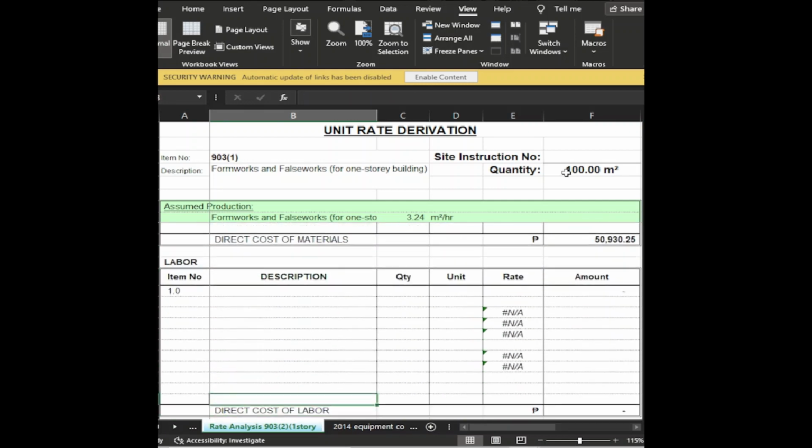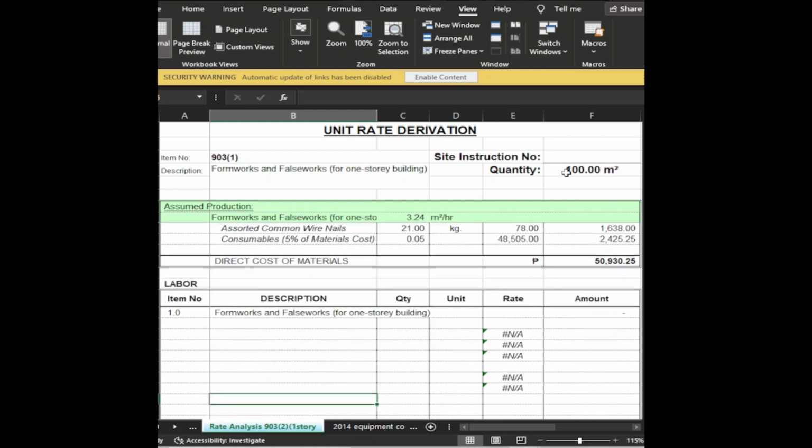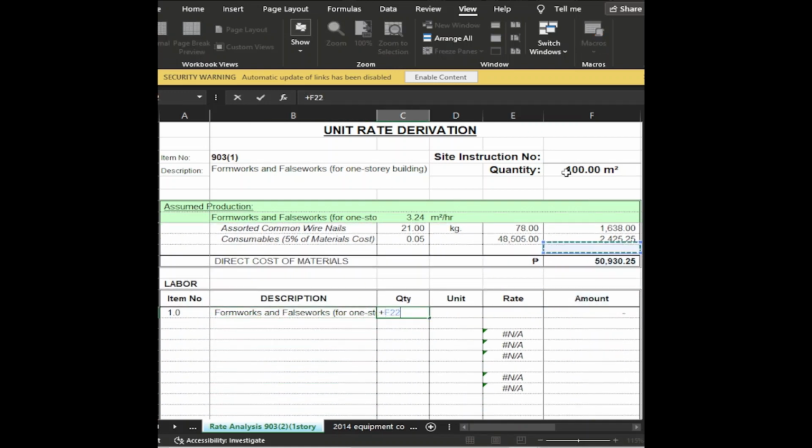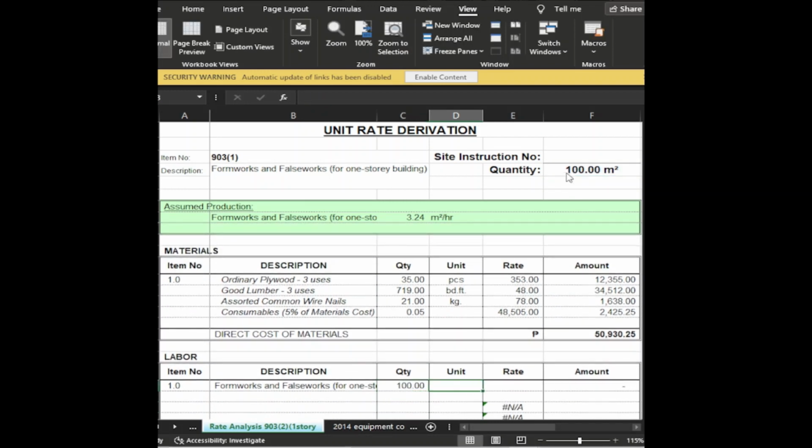So for our labor, we just copy first the product, the description, then our quantity is 100, then our unit is peso per square meter because this is formworks, square meter.